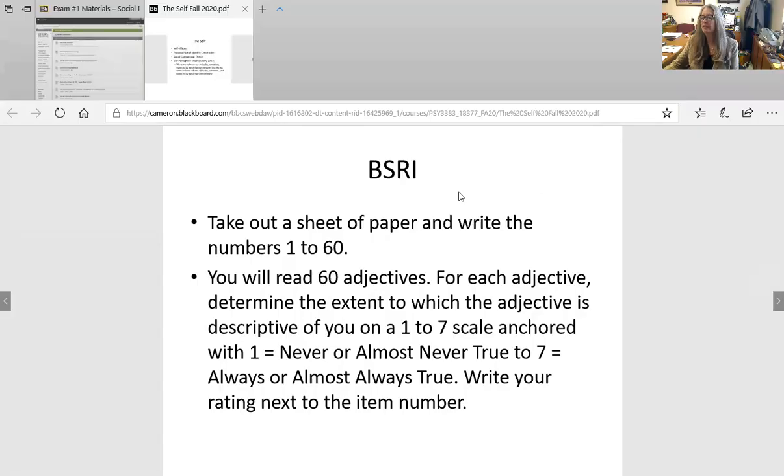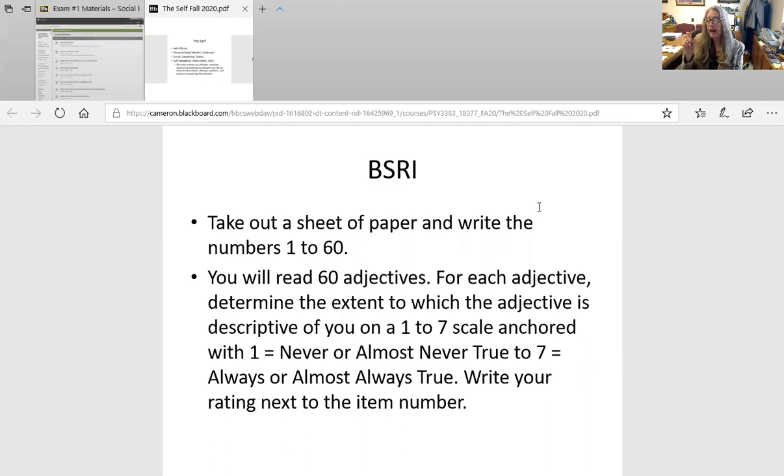It's called the self. You have access to this. So what I need you to do is take out a sheet of paper and write the numbers 1 through 60. Next to each number, leave a space to put about 2 numbers. On the next couple of slides, there are 60 adjectives.